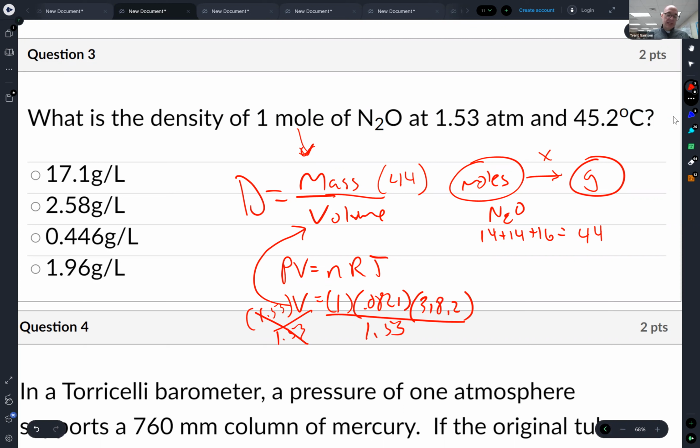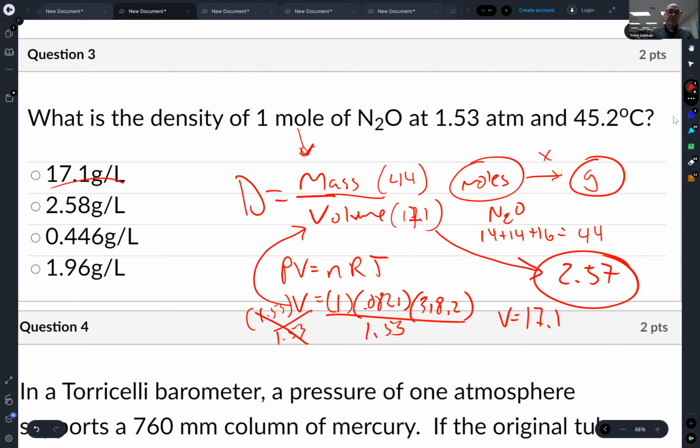I've got 0.0821 times 318.2 divided by 1.53, and I get 17.1 as my V. Now that's not my answer, but that does belong up here to get my density. So I've got 44 divided by 17.1, and I get 2.57, which is roughly that 2.58 right there, if we rounded it.